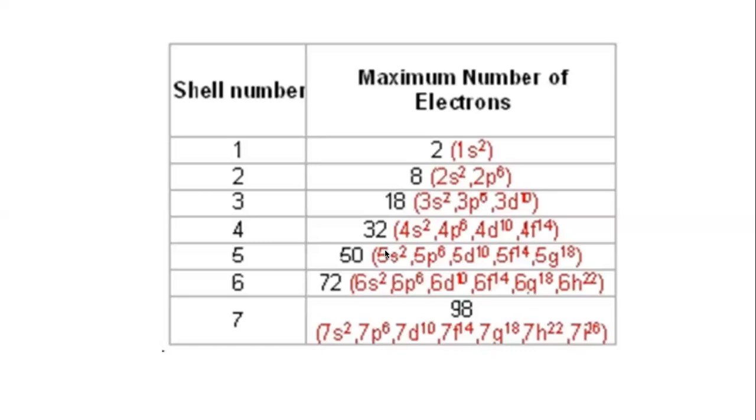So the fourth shell has all 4 subshells, S, P, D, and F. S, again, always holds 2 electrons. P will always hold 6. D will always hold 10. And F can hold 14. And so when we add up 2 plus 6 plus 10 plus 14, we get 32 total electrons. And we're not interested in this class in G subshells. We're going to stop at F for this class, but you could go on.